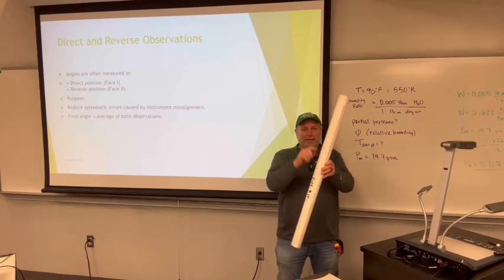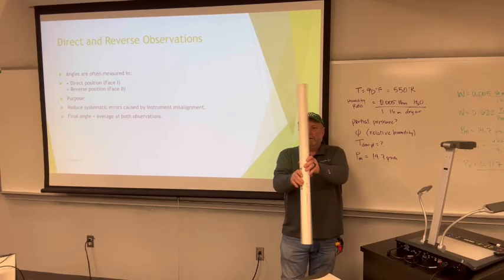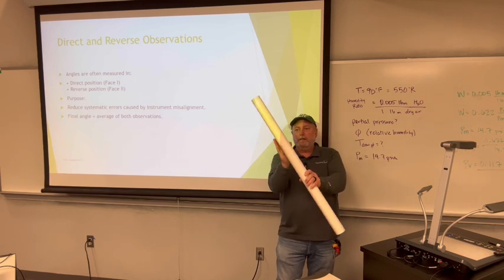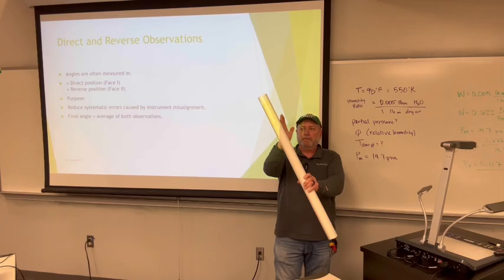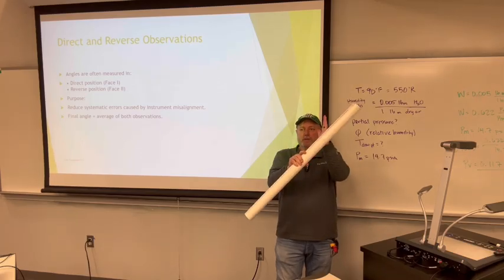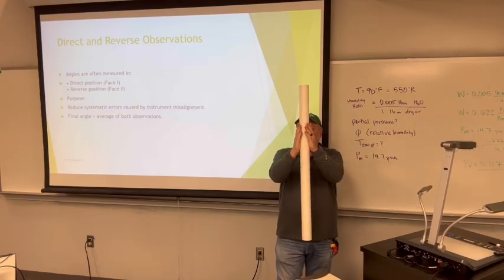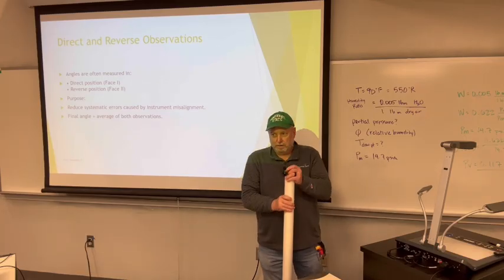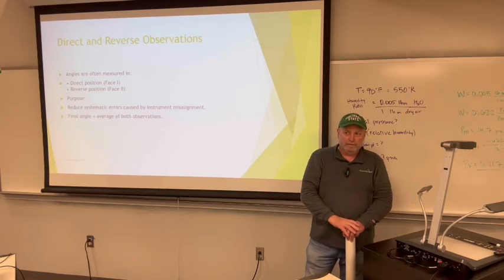I'm getting confused looking at myself in the mirror, wait a minute, which way is which? You flop the scope around, you're going to be the other way. Trust me on this. If you read an angle somewhere here on face 1 and then you flop your scope and you read over here on face 2, they're going to be off by equal amounts. When you take the average, that should be what you would be reading if these were perfectly vertical. Compensating error. Yeah? No?